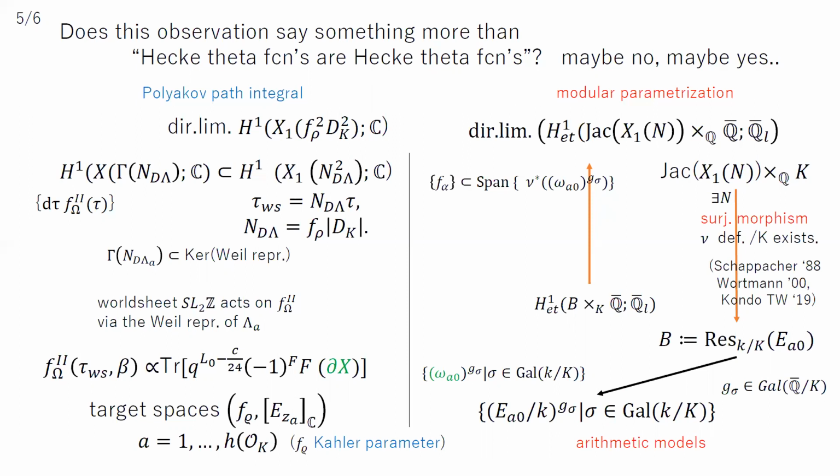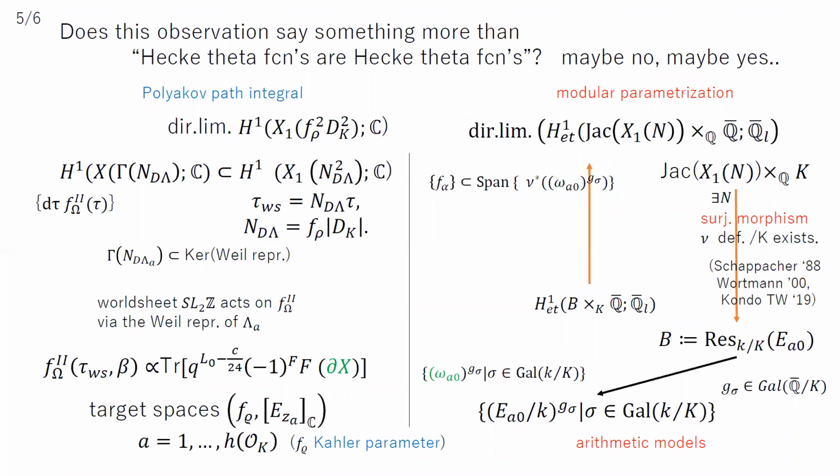And the Galois representations are on those one forms. So they are the generators of the representation space. And those one forms are actually regarded as the pullback where the target space elliptic curve has a one form as well. And there is the surjective morphism, projection from the Jacobian of the modular curves to the target space elliptic curves.